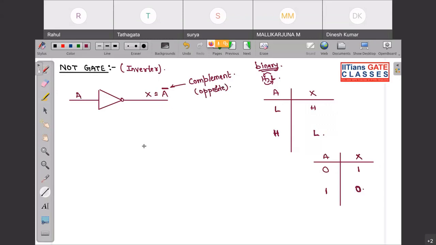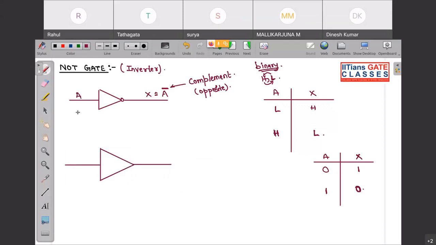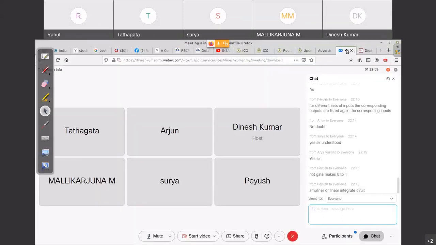Now can anyone tell me what is this symbol? What is this? Amplifier, linear integrated circuit.